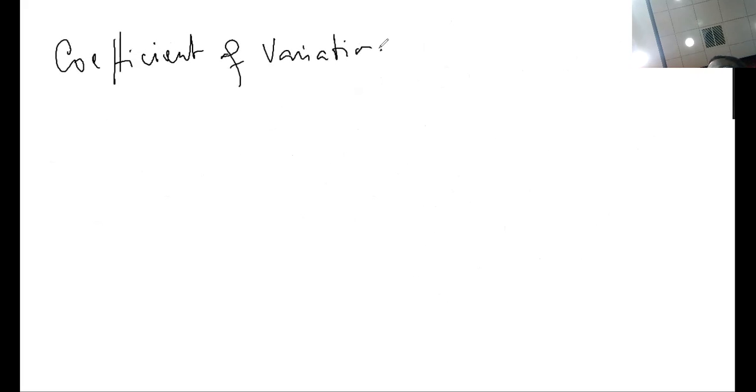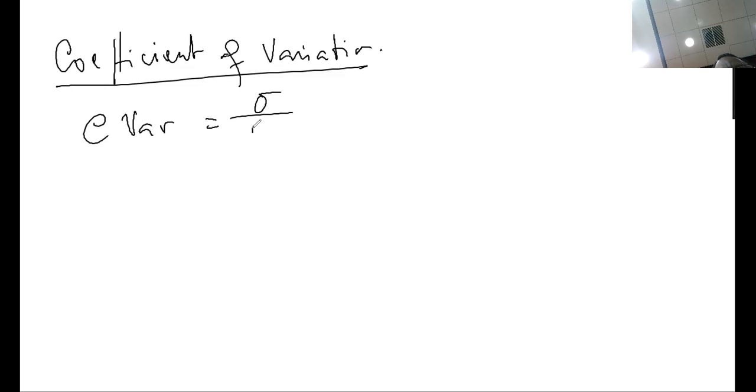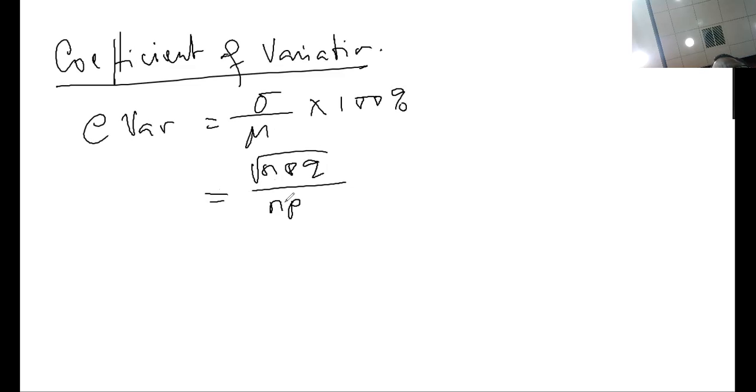Now let's compute the coefficient of variation. The coefficient of variation is the standard deviation divided by the mean times 100%. Here the standard deviation is square root of npq and the mean is np.